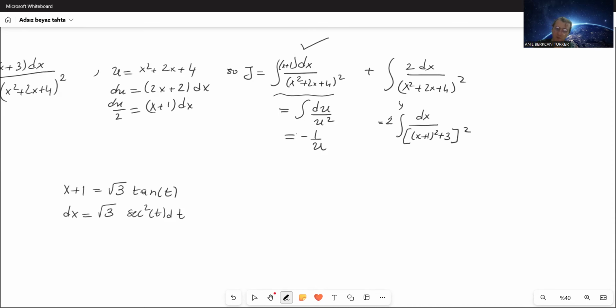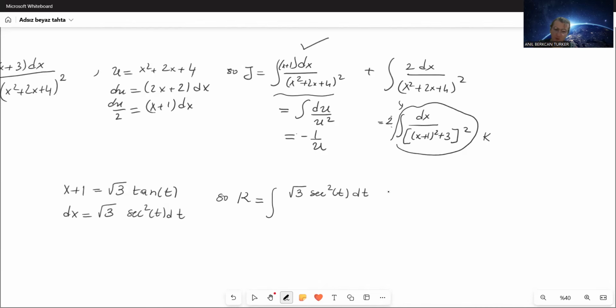Let me call this integral k. So k becomes, instead of dx, square root of 3 secant square t dt.